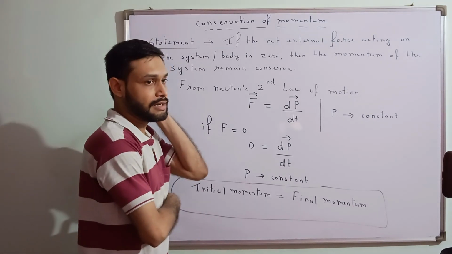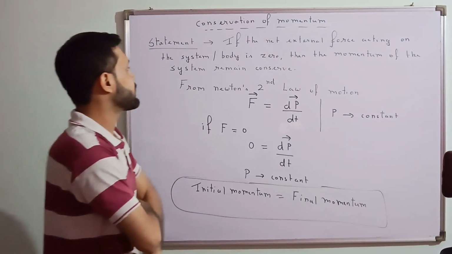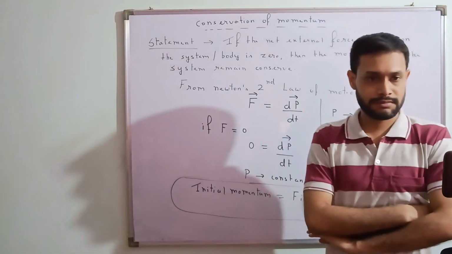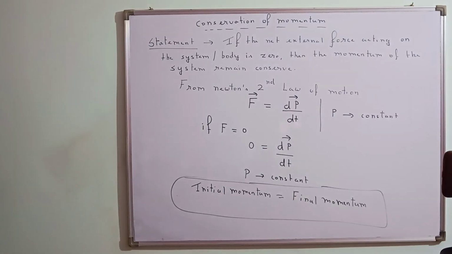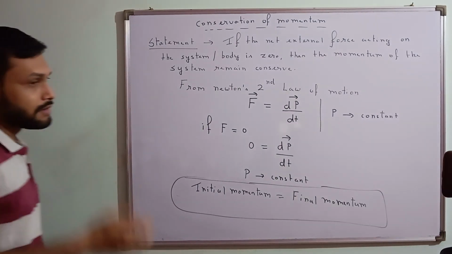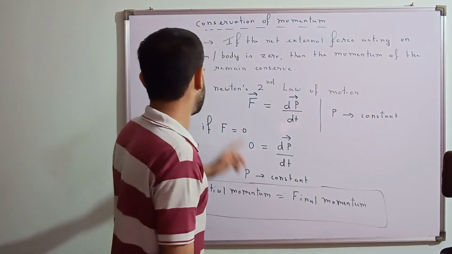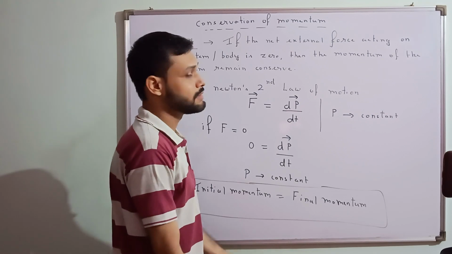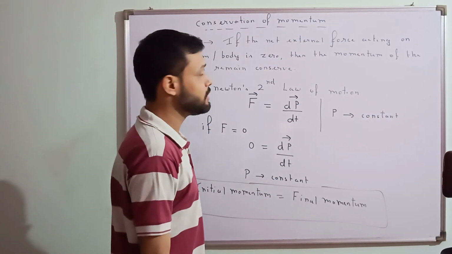The basic idea is if the net external force acting on a body or a system is zero, then the momentum of the system remains conserved. That means it remains the same. This is the meaning.